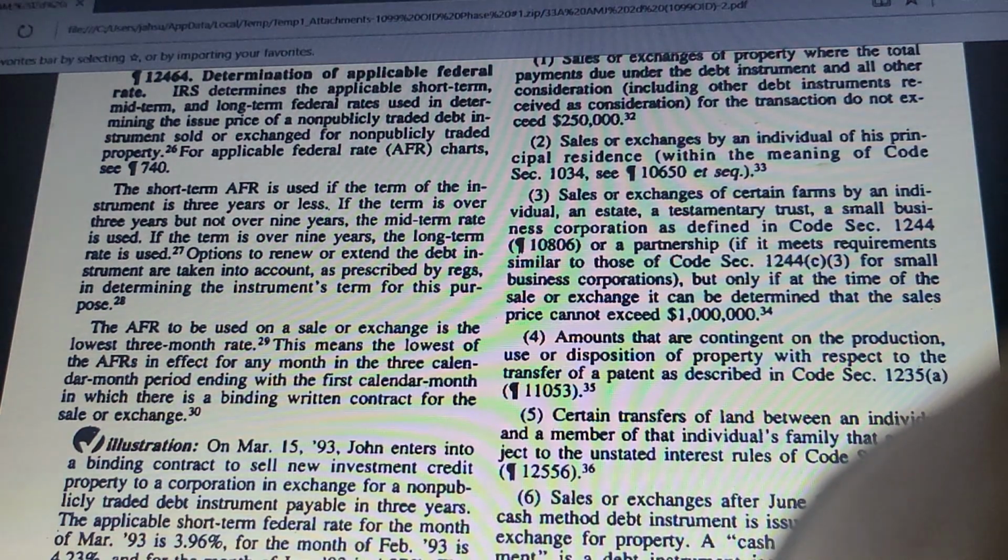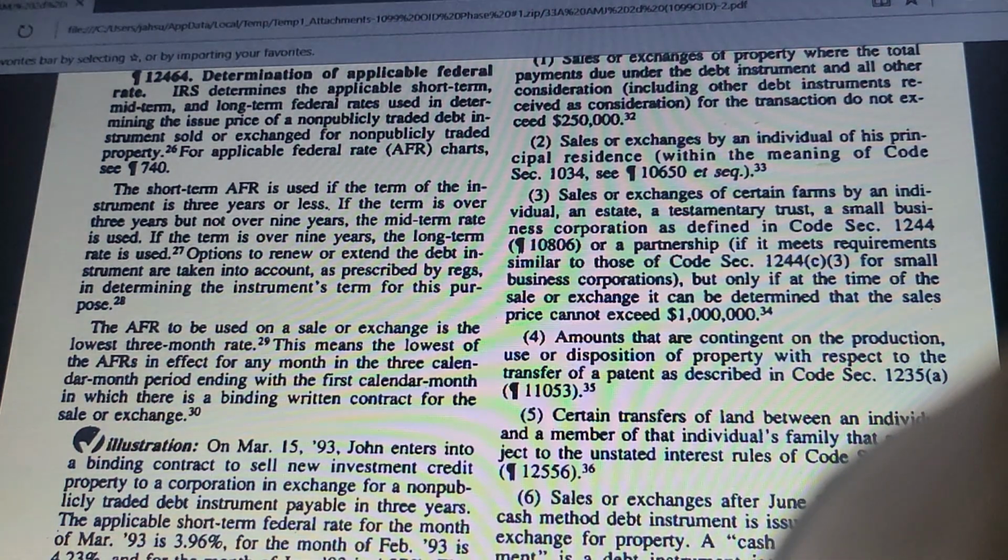So anything 3 years or less is short term. Anything over 3 years but not over 9 years is mid-term, and anything over 9 years is long-term. The AFR to be used on a sale or exchange is the lowest 3-month rate.